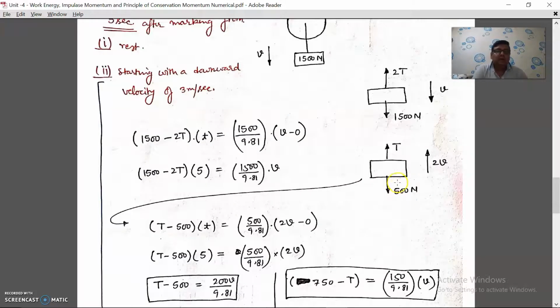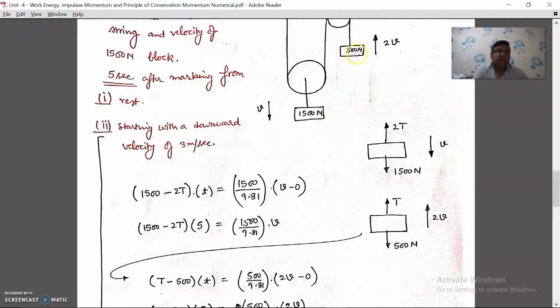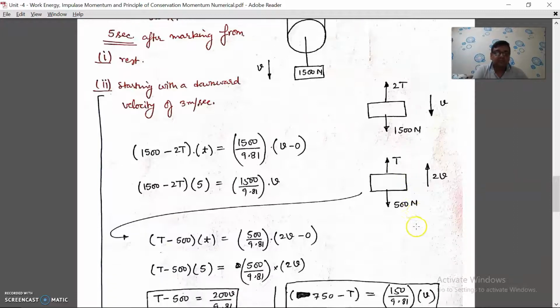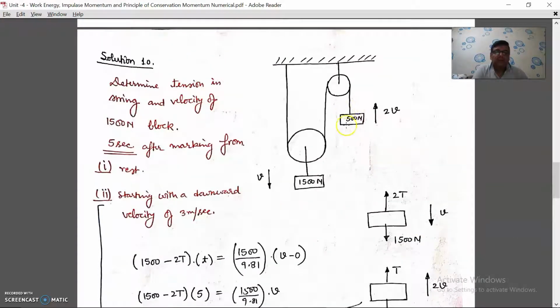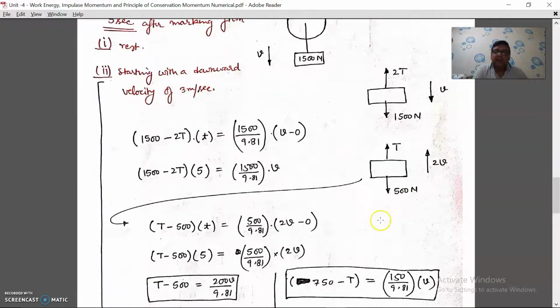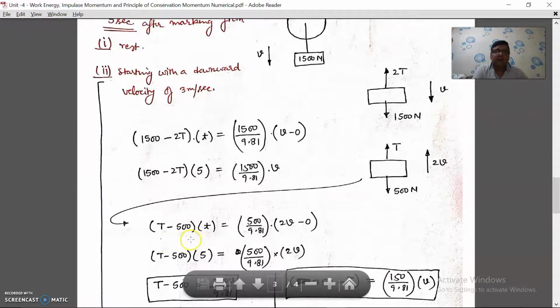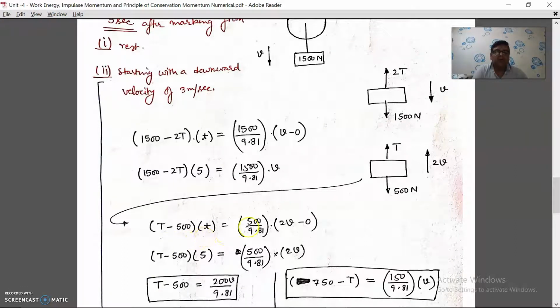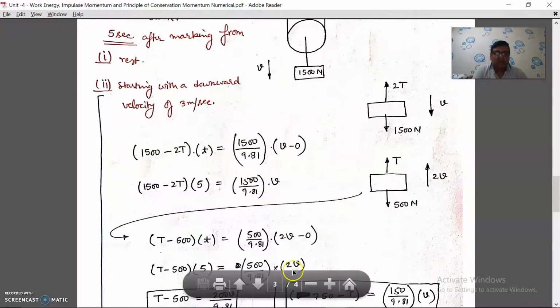Now if we draw the free body diagram of this 500 Newton block, the motion of this block will be in the upward direction, so it is T minus 500 into small t is equal to 500 upon 9.81 multiplied by 2v minus 0, because 2v is this velocity.